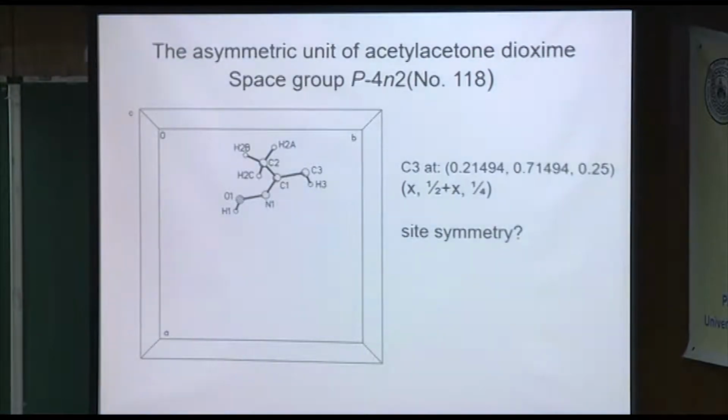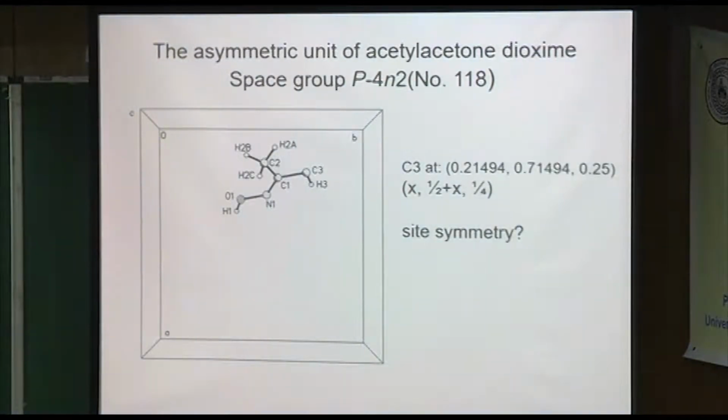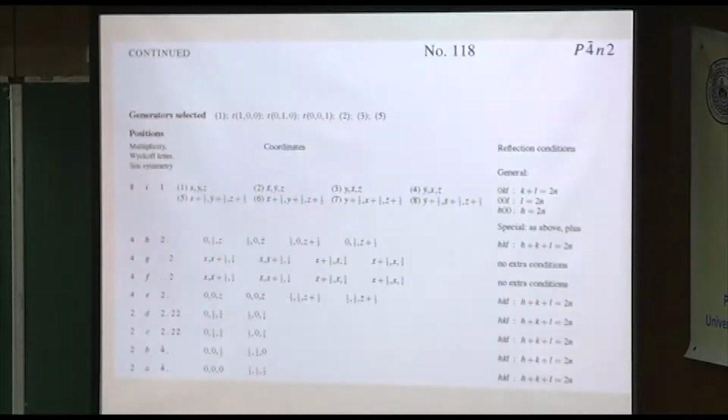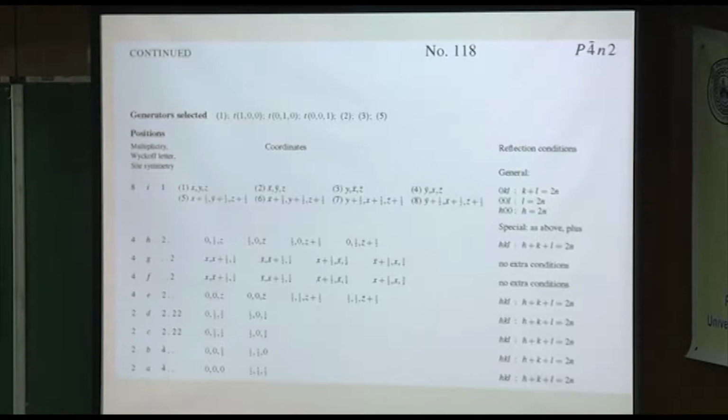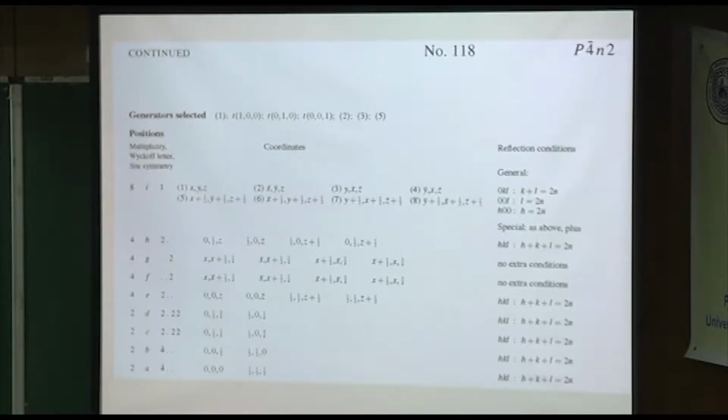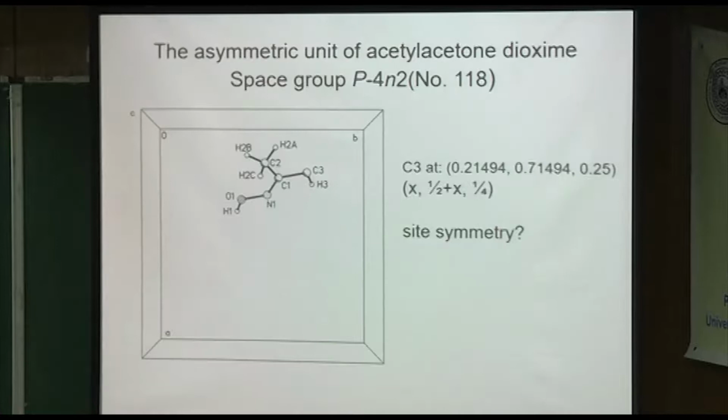But if you want to be sure that you know the exact symmetry operation that's causing that, look at the international tables. So here's a page of the space group. And you see all the special positions down below. So some have multiplicities of 4, some multiplicities of 2. What was it again? It was x, a half plus x, a quarter.